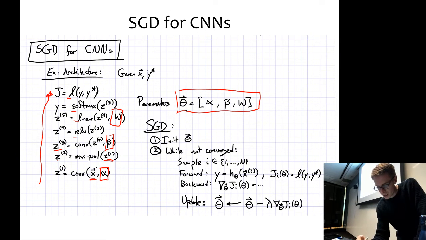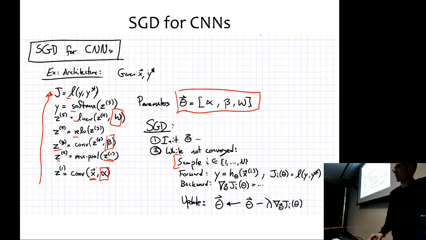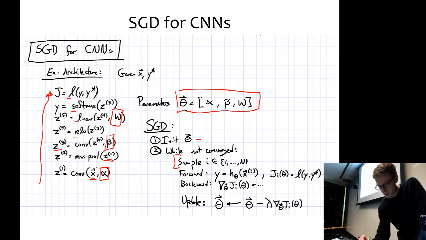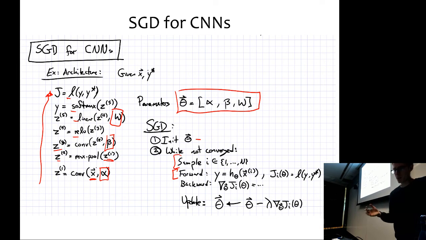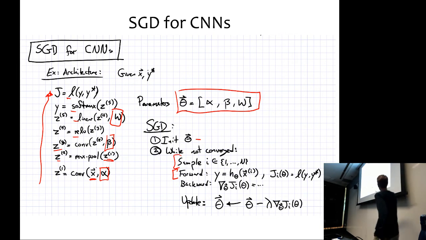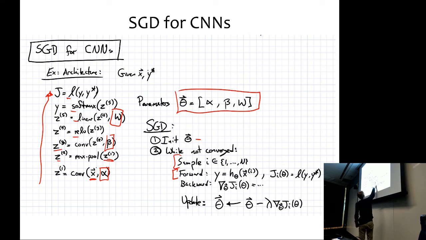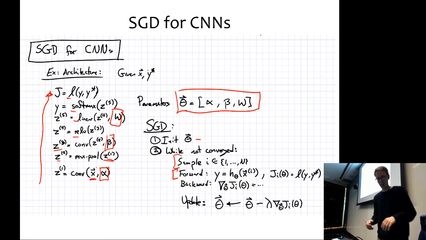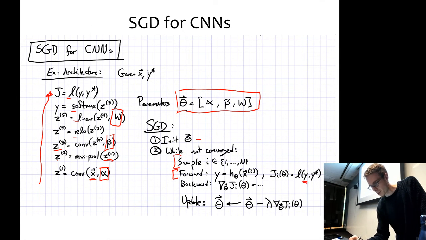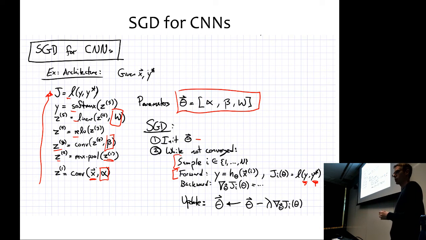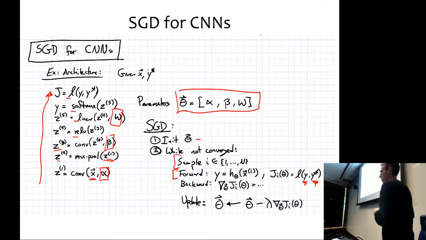Then we initialize theta and do stochastic gradient descent training, where we sample one of our training examples i and compute the whole forward process, which first predicts our distribution over outputs, called f(y). Then we have some loss function like cross entropy that looks at the predicted distribution and the one-hot representation of the ground truth, y star.